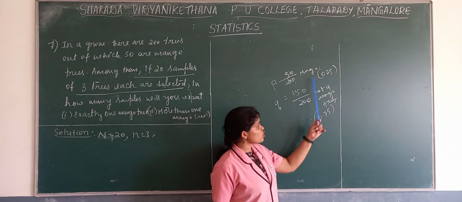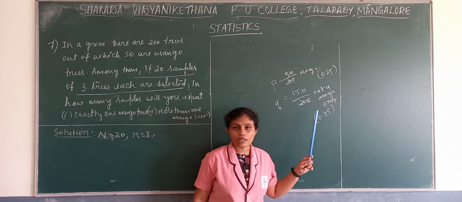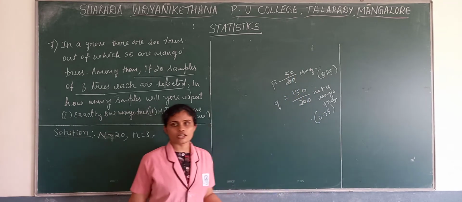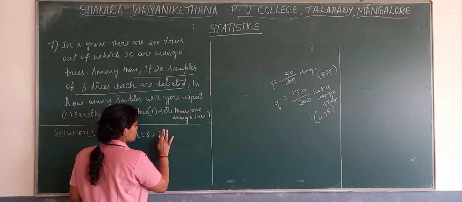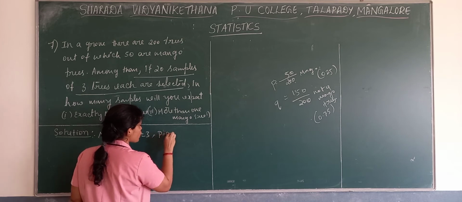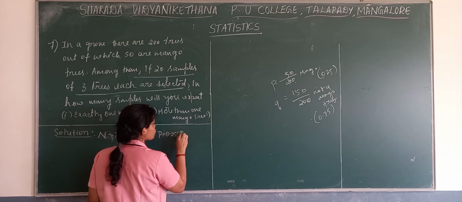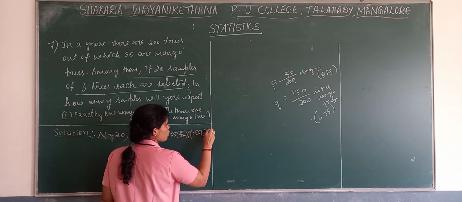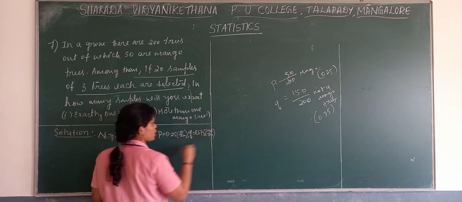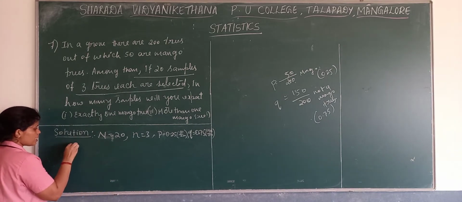So I will take here P is equal to 0.25, that is 50 by 200, and Q is equal to 0.75, that is 150 by 200.